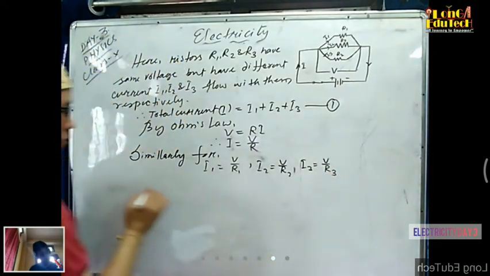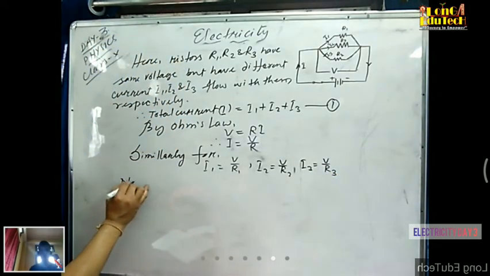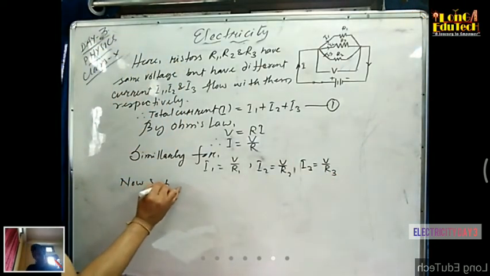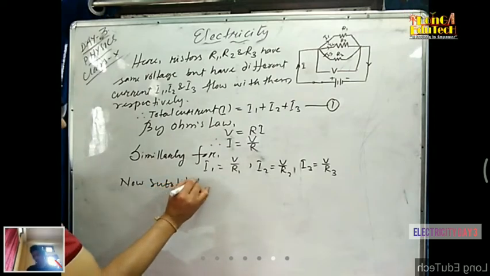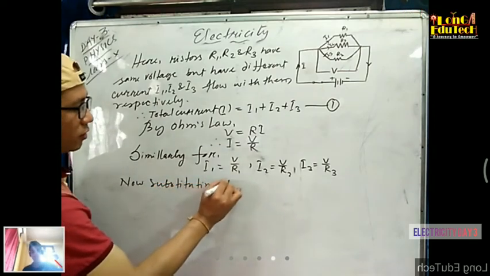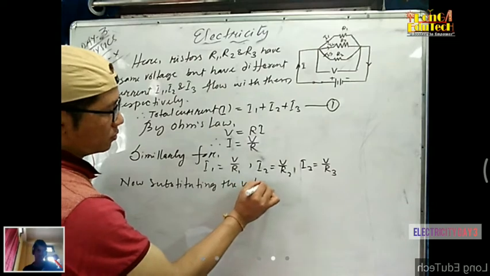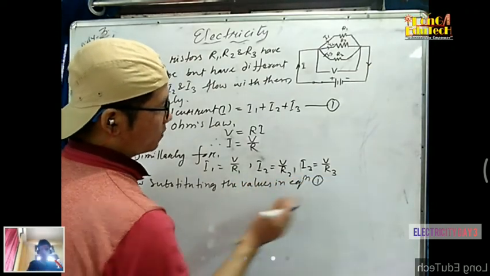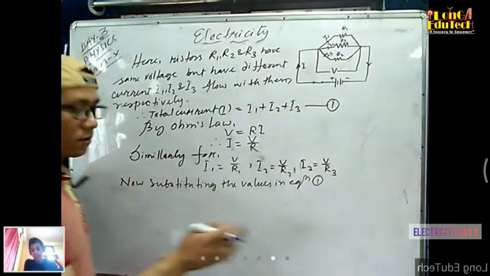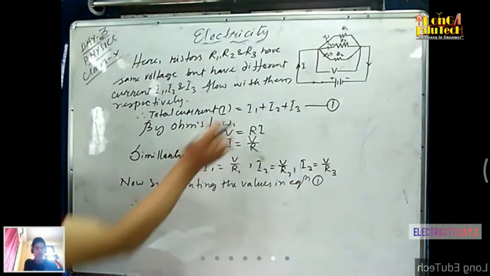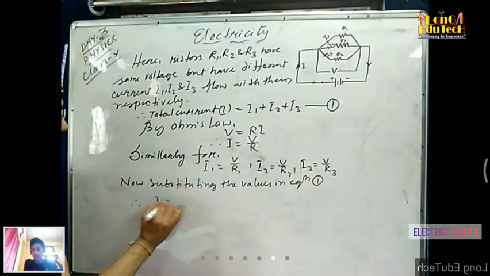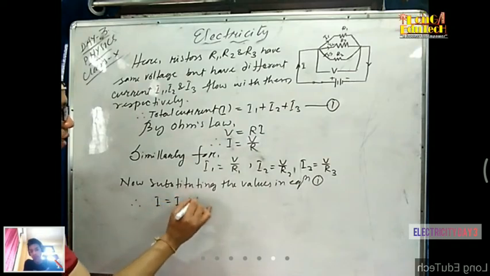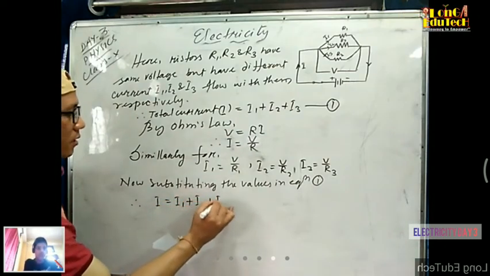Now substituting the values in equation number 1. We can write directly, no problem. So the equation is I equals I1 plus I2 plus I3.